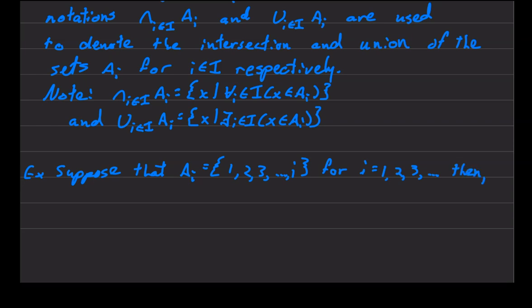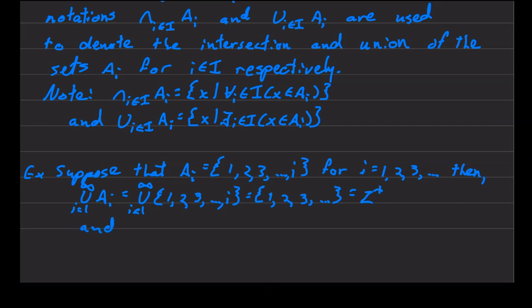Then the union from i equals 1 to infinity over Ai is going to be equal to the union from i equals 1 to infinity over the set 1, 2, 3, ... i, is equal to 1, 2, 3, ... which is equal to the positive integers, so set Z plus.